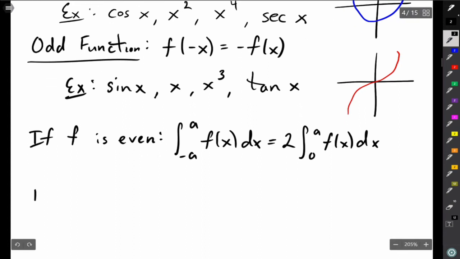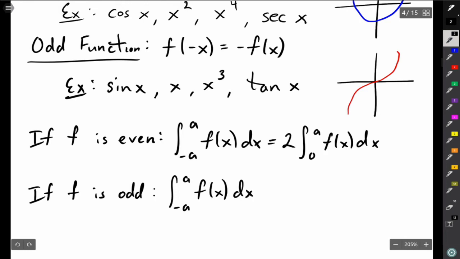So if f is odd, then when we compute one of these integrals, because we have equal negative area to the right, let's say, and positive area on the left, and vice versa, no matter what, this is always 0. So we can get around doing a whole bunch of work by using this even-odd trick.